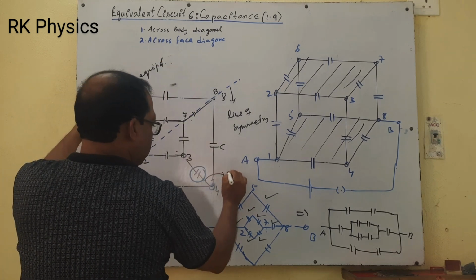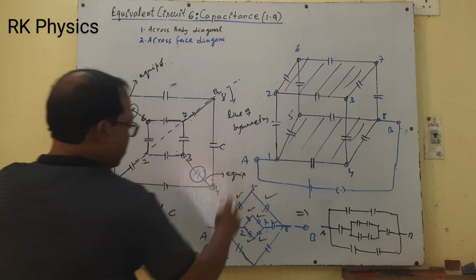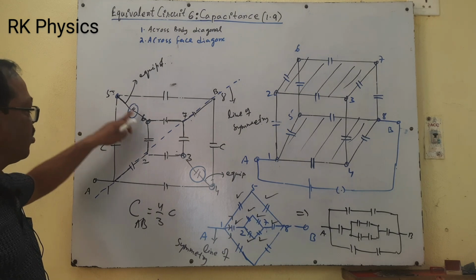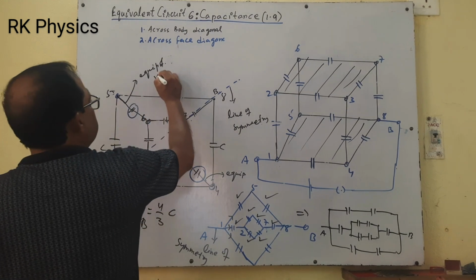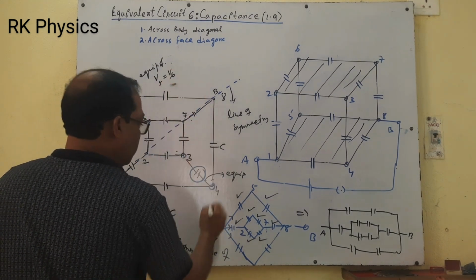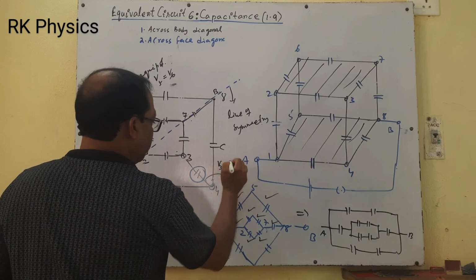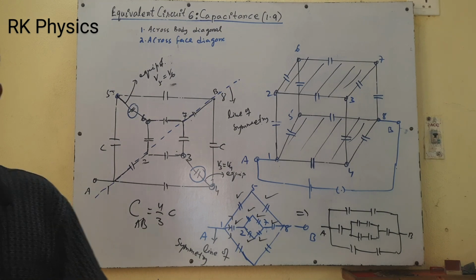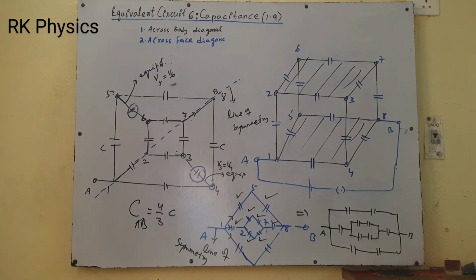And these two are equipotential. As per Kirchhoff's law, potential at 5 equals potential at 6, that means V5 equals V6, and V3 equals V4. Therefore, these two capacitors are not used. It is not necessary to take that capacitance into account.